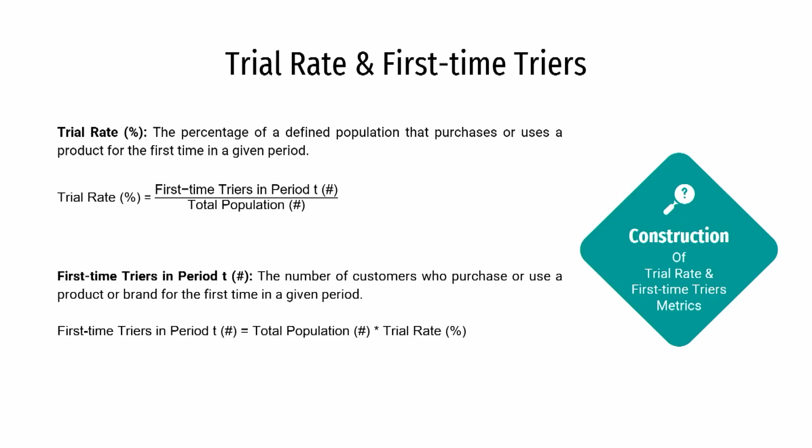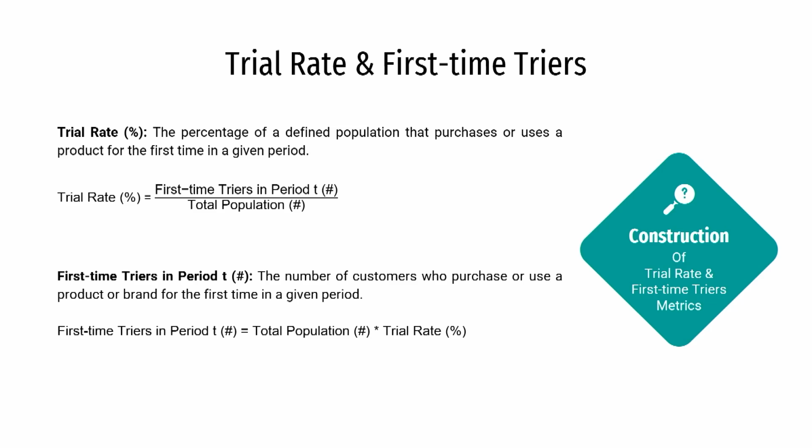Now, let us delve more into the construction of this important matrix. First, let us start with the very basic matrix which is called the trial rate. Trial rate is nothing but the percentage of a defined population that purchases or uses a product for the first time in a given period of time.